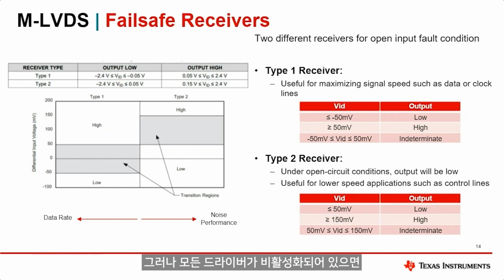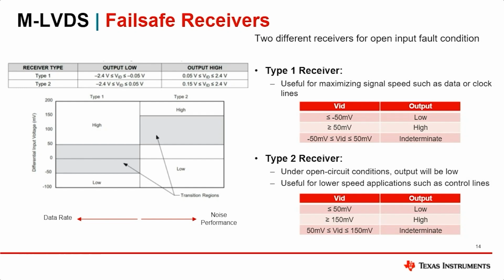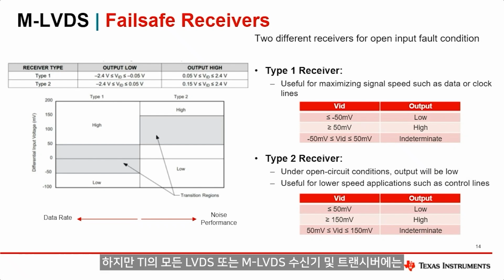However, if all the drivers are disabled, the receiver output is low. And so it allows this type of configuration, which is often implemented for control types of applications. I'll talk to it as well, but all of TI's LVDS or M-LVDS receivers and transceivers have an option for both a type 1 and a type 2.